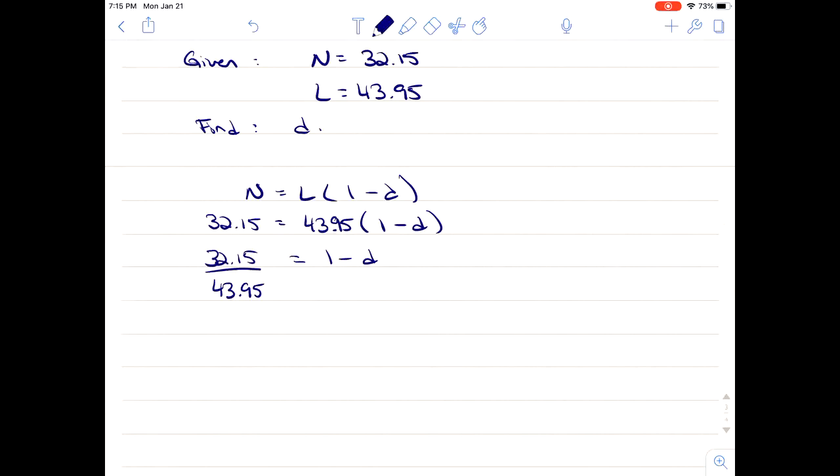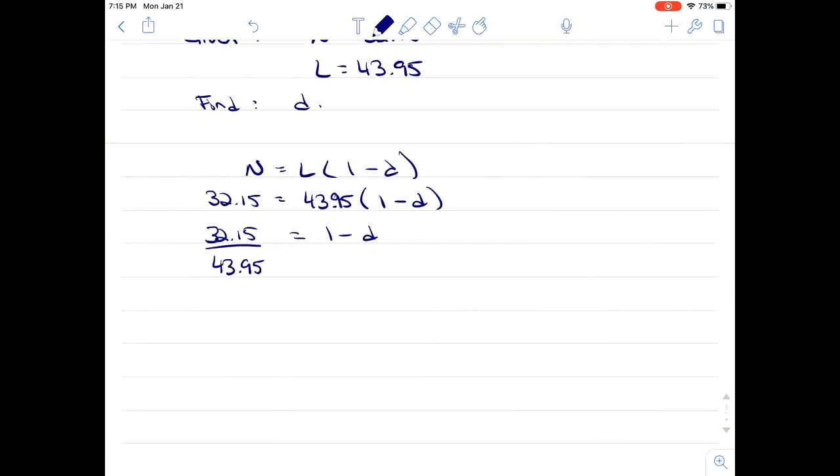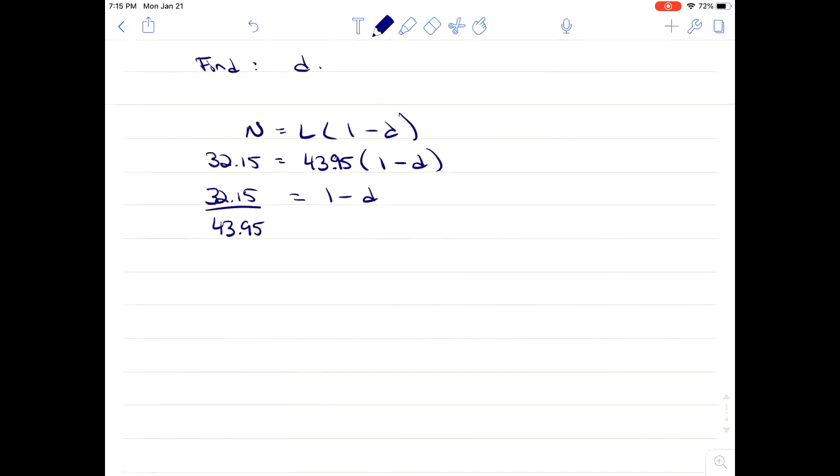And so nothing's happening in there, so we can just write 1 minus D. And then if we do 32.15 divided by 43.95, we get this kind of nasty number. 0.731513083 is 1 minus D.